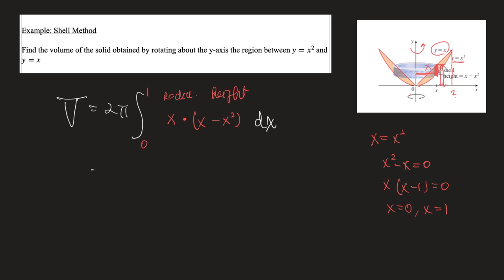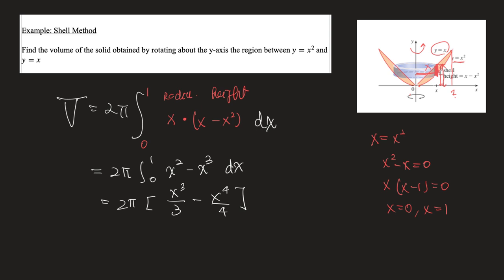Now this one is 2 pi integral from 0 to 1 of x squared minus x cubed dx. Okay, so then you're going to see right here 2 pi times x cubed over 3 minus x fourth power over 4, from 0 to 1.